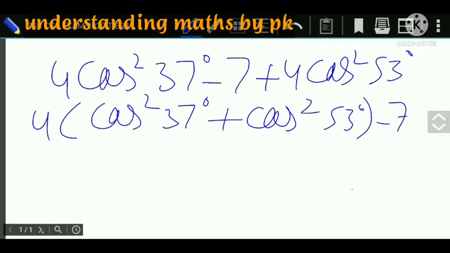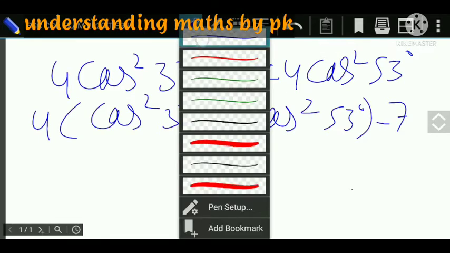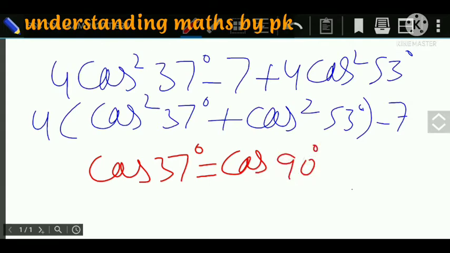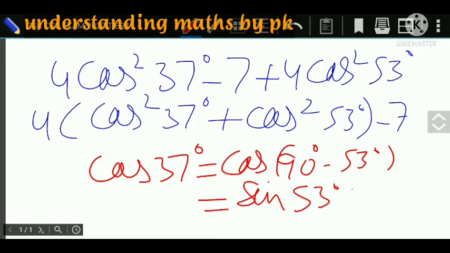Now we are knowing here that cos 37 degree can be written as cos 90 degree minus 53, and the value of cos 90 degree minus theta, whatever the angular value is, that comes sine theta, means equal to sine 53 degree.